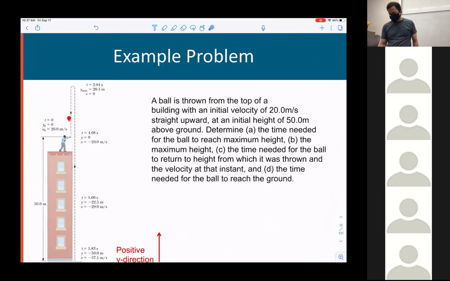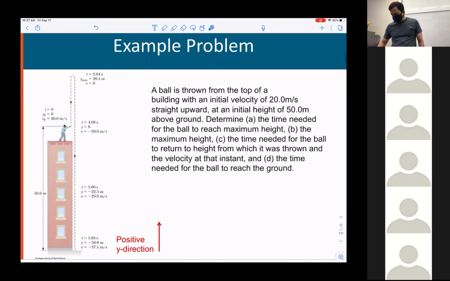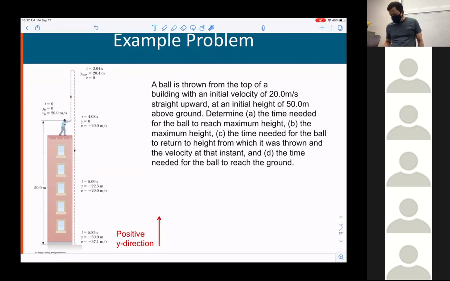They launch the object upwards with an initial velocity of 20 meters per second straight upwards. So already they're giving us some information. First off, the positive y direction is upwards, just because of the way they have labeled their coordinate system. This is y naught equal to 0 here, and that means the tick marks are increasing upwards.